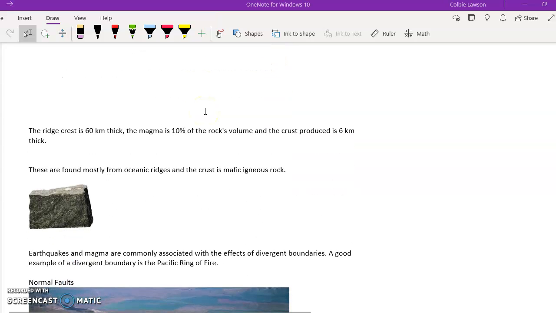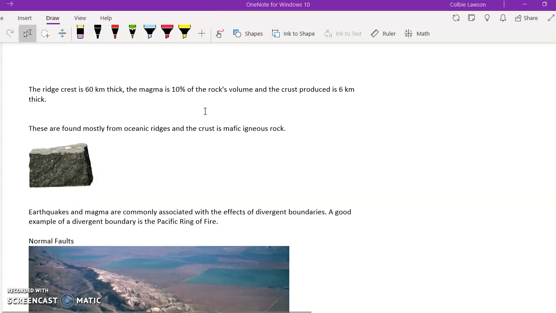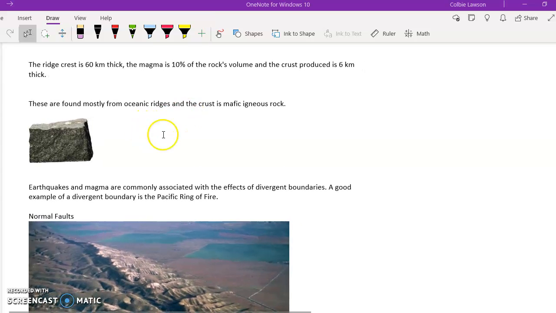That is estimated to be 60 kilometers thick. The magma is about 10% of the rock's volume, and the crust that is produced after the magma flows is about 6 km thick. Like I said, they're mostly found in the oceanic ridges, and the crust is mafic igneous rock, which is this rock right here.